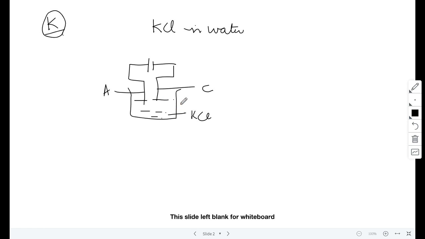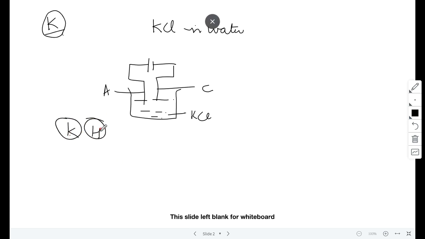The first question is, name the gas which is produced at the negative electrode. That's very easy. Oxygen gas. Really? Negative electrode. Oh yeah, sorry, negative. Hydrogen gas. Yes, K is there, hydrogen gas is there.